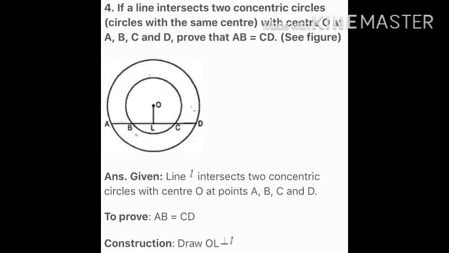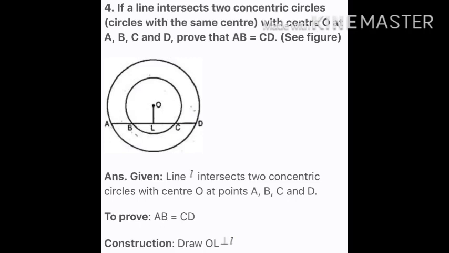Now question number 4. If a line intersects two concentric circles with the same center O at points A, B, C and D, prove that AB is equal to CD. This figure is given in the book, so you can draw it first.